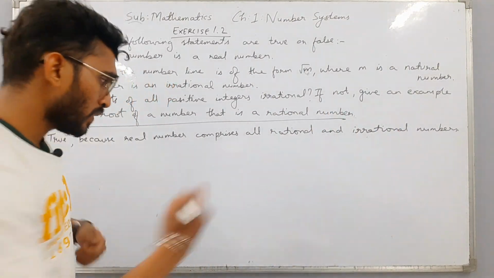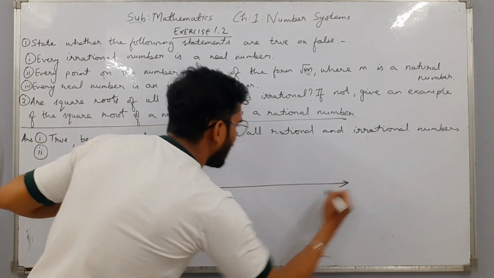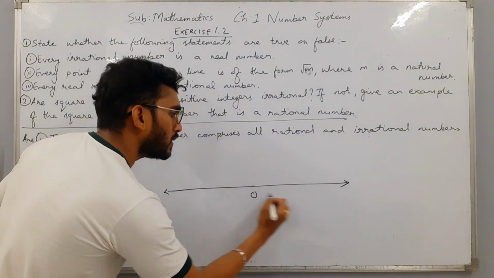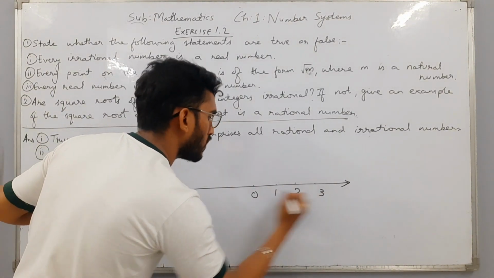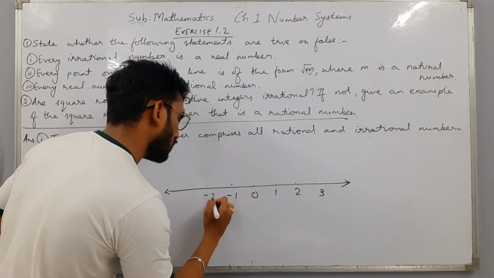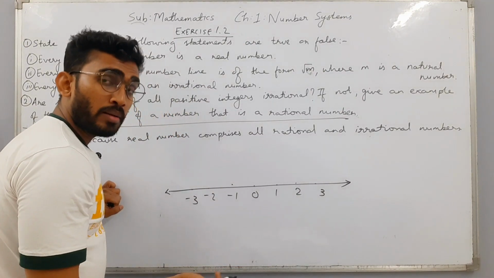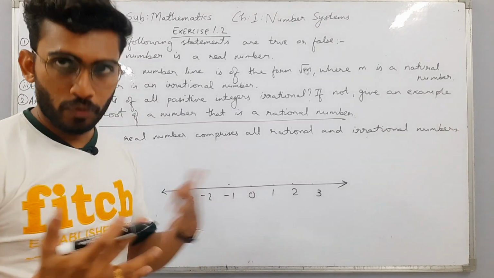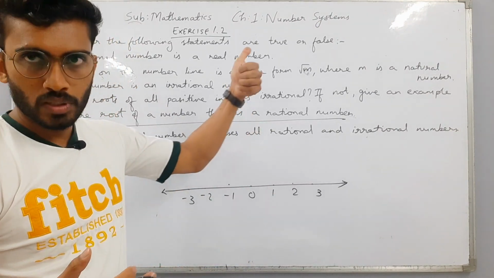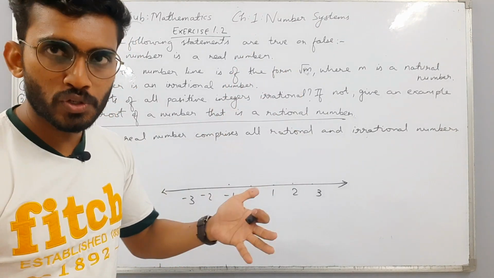So this is the number line, where if I take any point on the number line, I can represent it in the form of root m as per this question, and m should be a natural number.